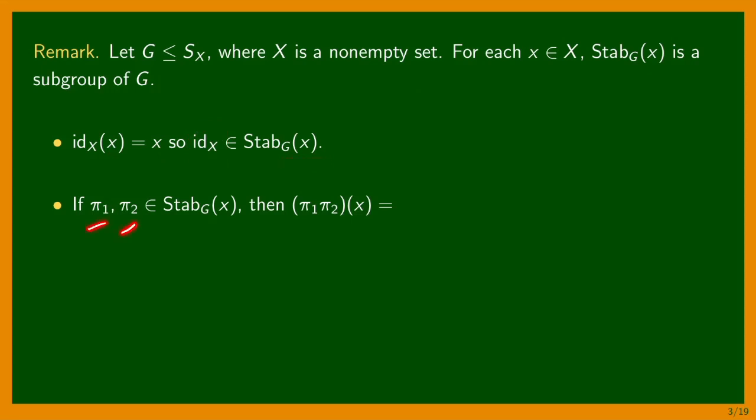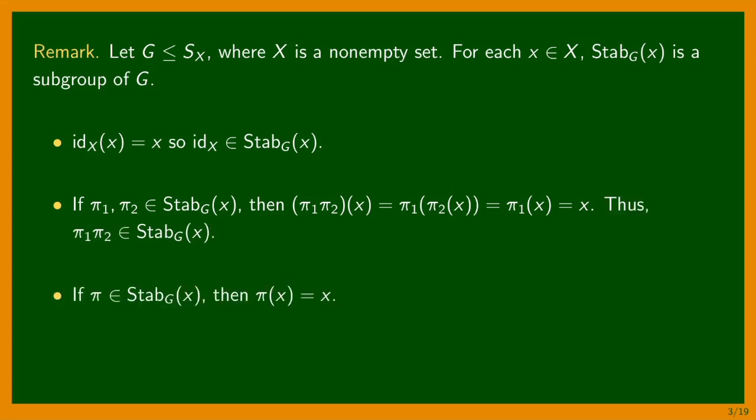If you have two permutations that stabilize x, their product will also stabilize x. Pi 2 stabilizes x, so x lang to. Pi 1 also stabilizes x, so x lang ito as a final output. In other words, the product pi 1 times pi 2, composition yan ha, also stabilizes x. Correct. So, si pi 1, pi 2 nandun sa stabilizer ni x.